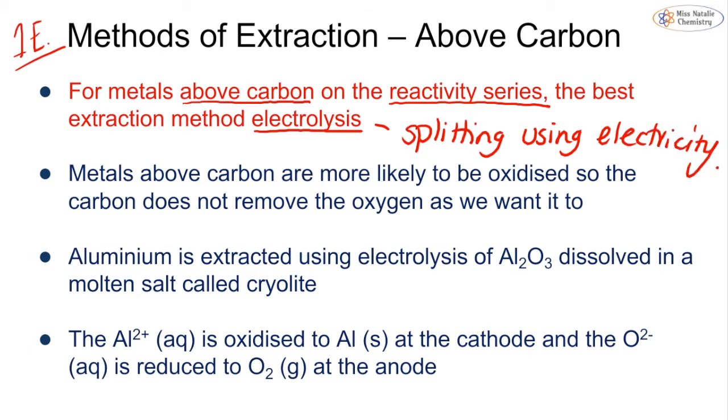Now, in this case, we would use aluminium, and the aluminium is extracted by electrolysis of aluminium oxide, and we dissolve it in a molten salt called cryolite. Now, in this case, the aluminium ions are reduced to aluminium metal at the cathode, and the oxide is oxidized to oxygen gas at the anode.